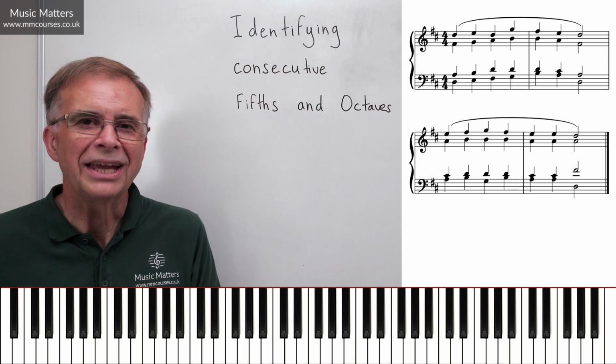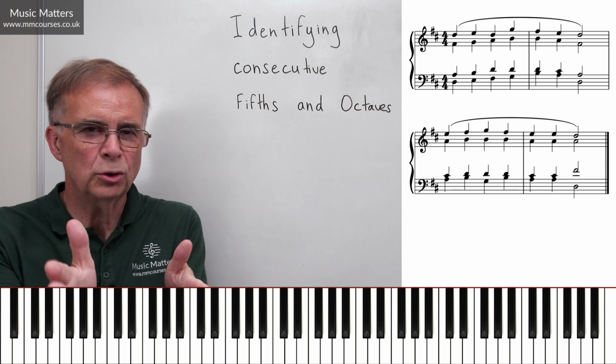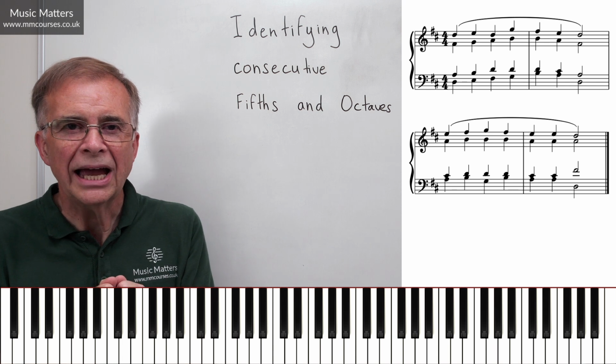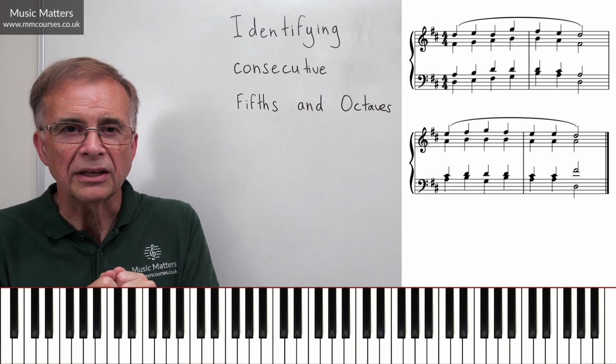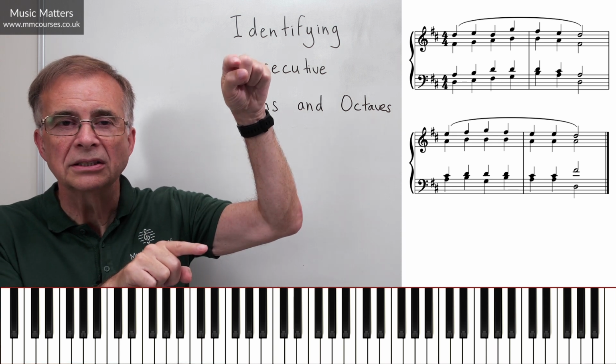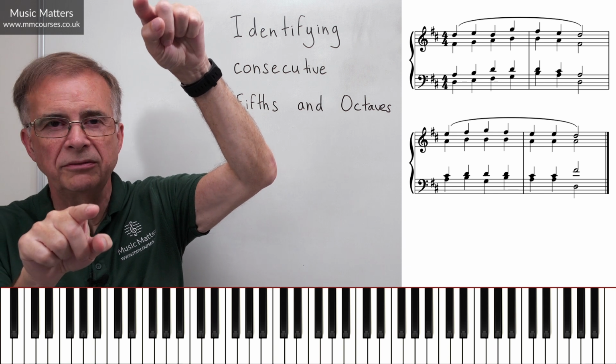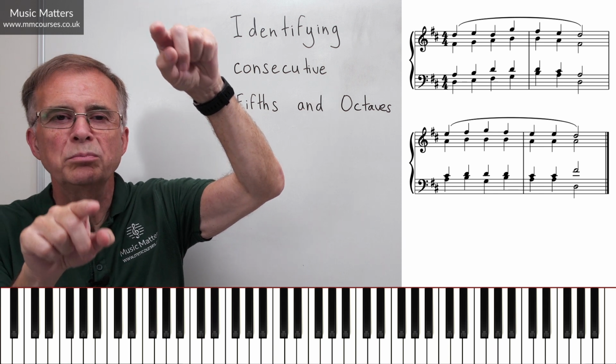So this is sort of in that category, and it means this: between one chord and the next chord, you shouldn't have a perfect fifth or a perfect octave between two parts that then is followed by another perfect fifth or a perfect octave between the same pair of parts.